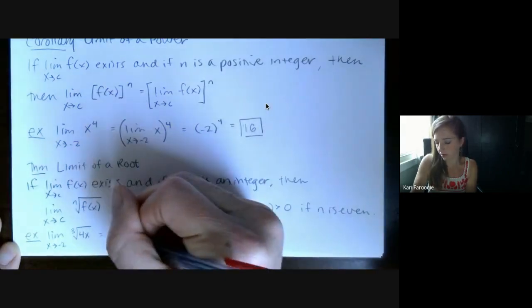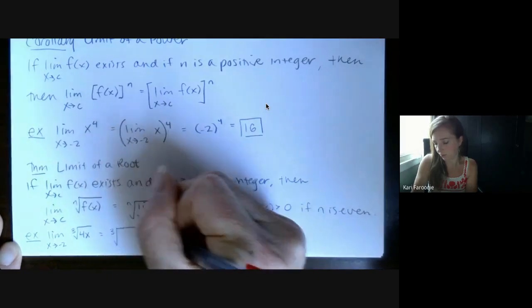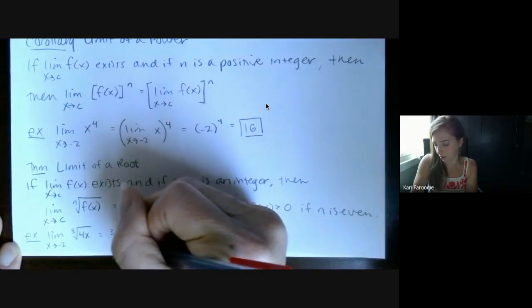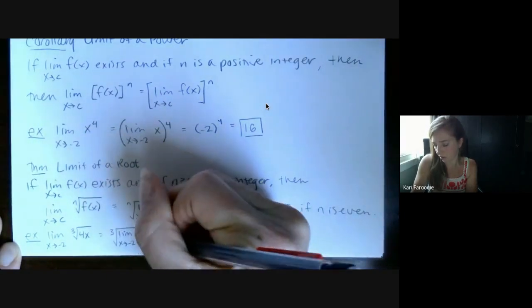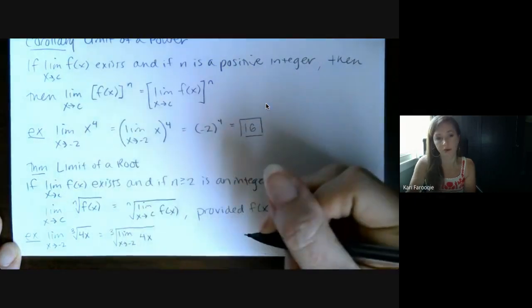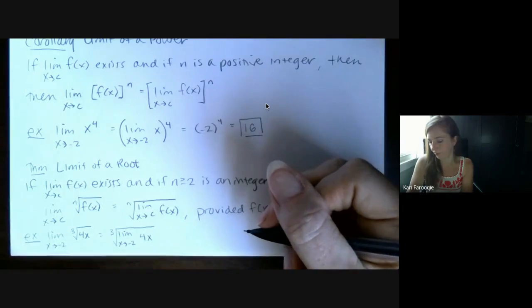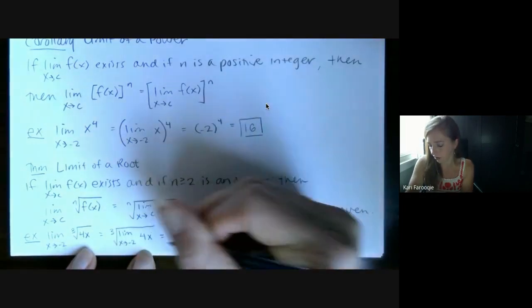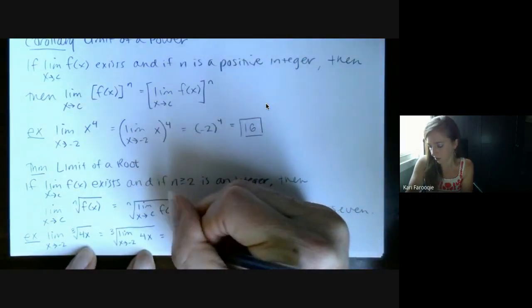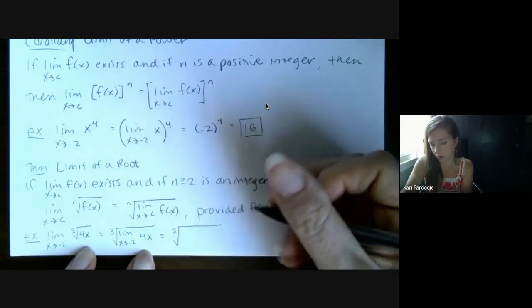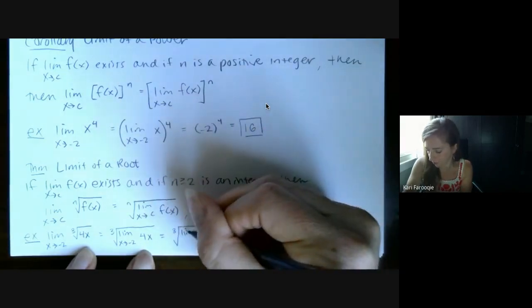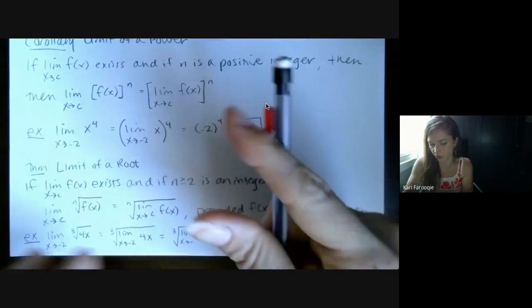So you can rewrite this as the cube root of the limit as x approaches -2 of 4x. And then you can even use the constant multiple to take that constant multiple out of your limit, which I just forgot to do.